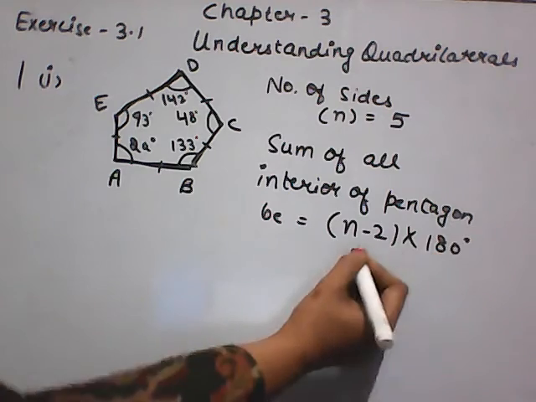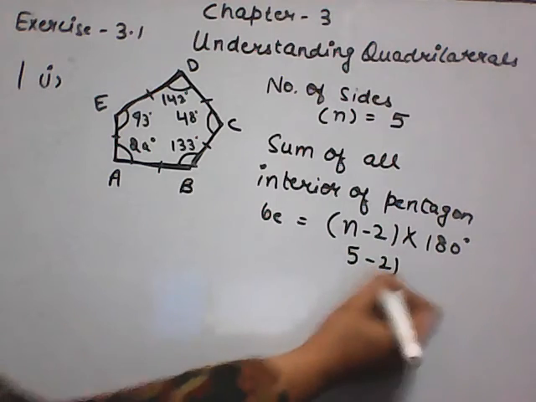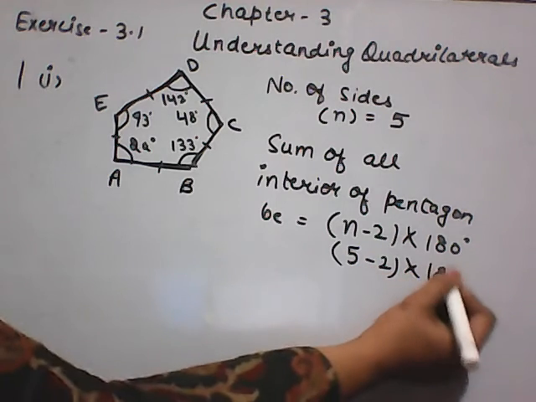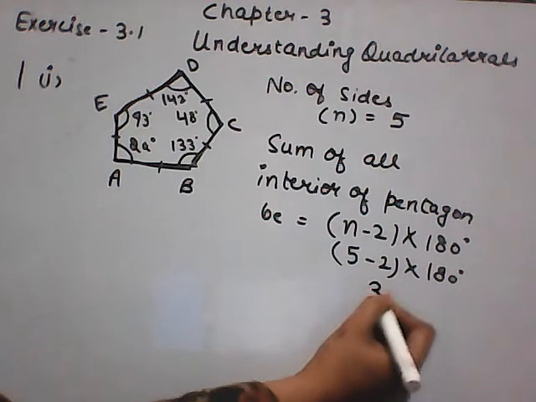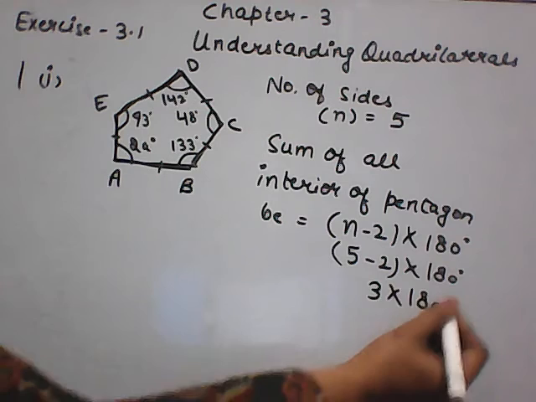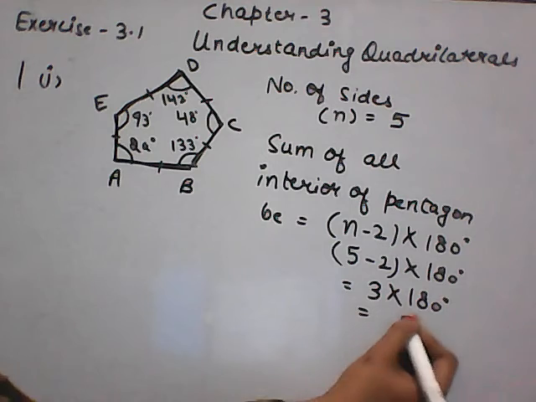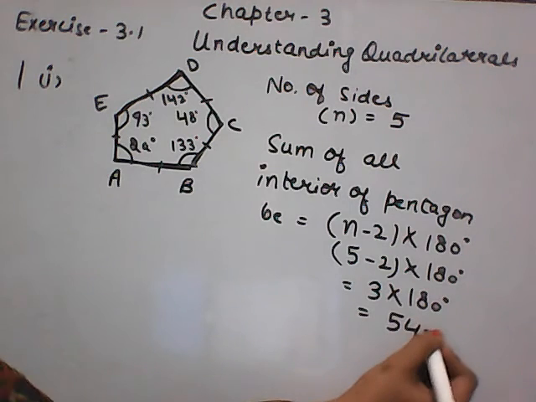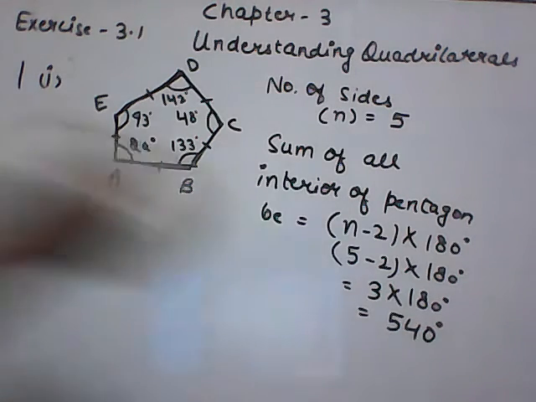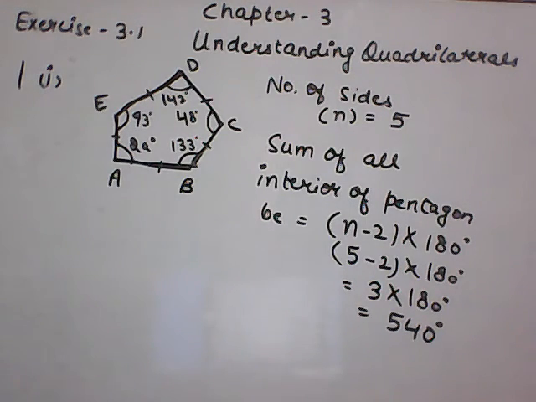Here n is 5. 5 minus 2 multiplied by 180 degrees. 5 minus 2 is 3, multiplied by 180 degrees. 3 eights are 24... 18 3s are 54. That means 540 degrees. Now the sum of all angles of a pentagon is 540 degrees.